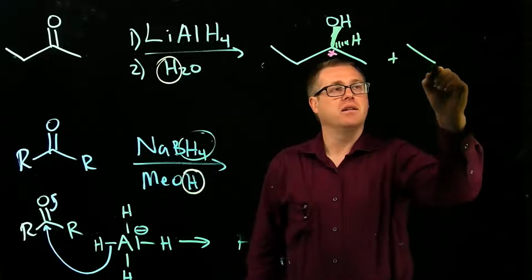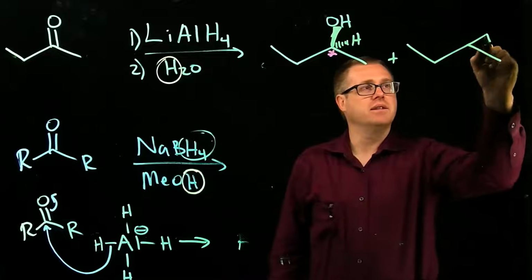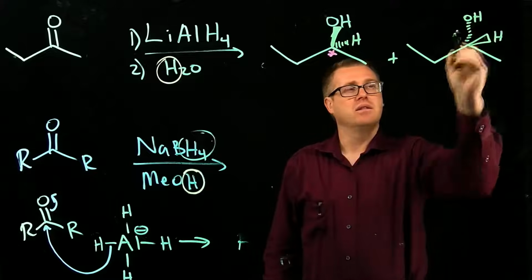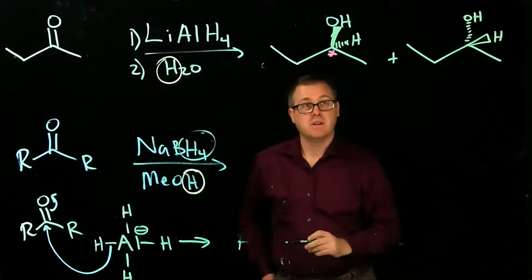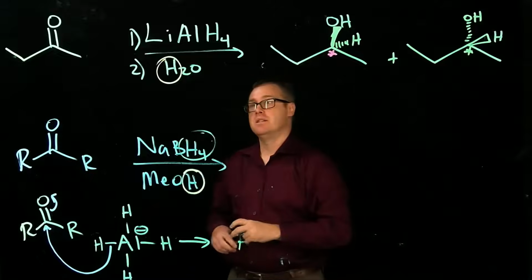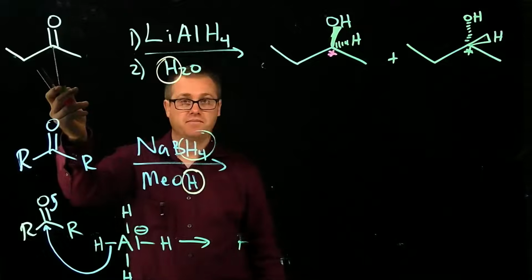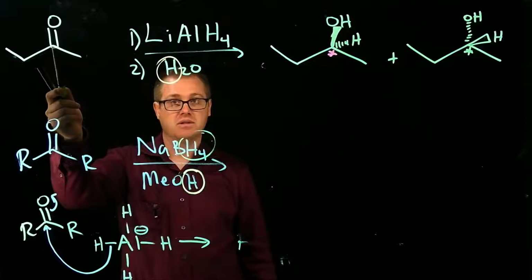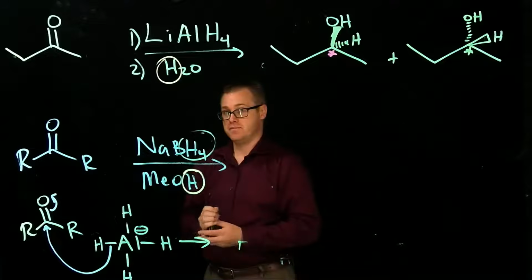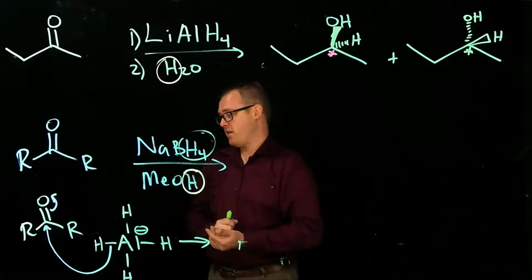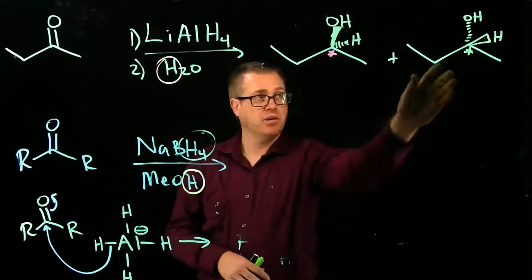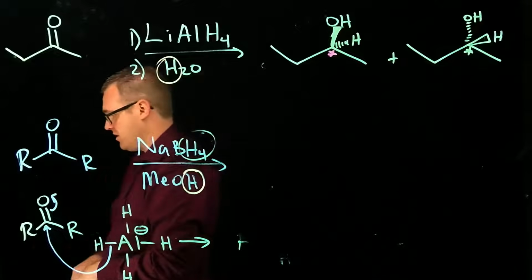And if it attacked from the front face, then we would have a dashed alcohol. So you got to pay very close attention when you reduce an aldehyde or a ketone. Are you going to generate stereocenters or not? Very, very important to see that. So in this reaction right here, we're going to have a racemic mixture.